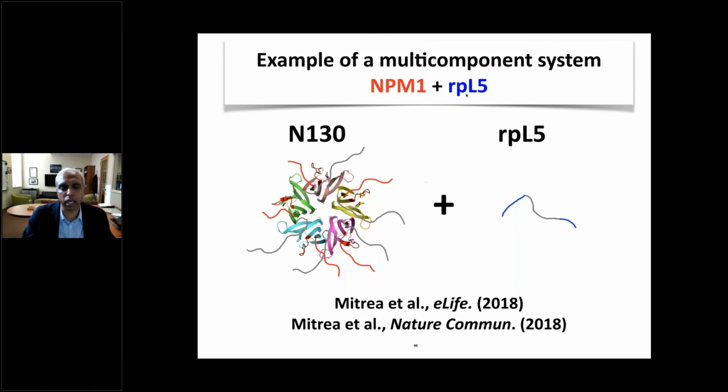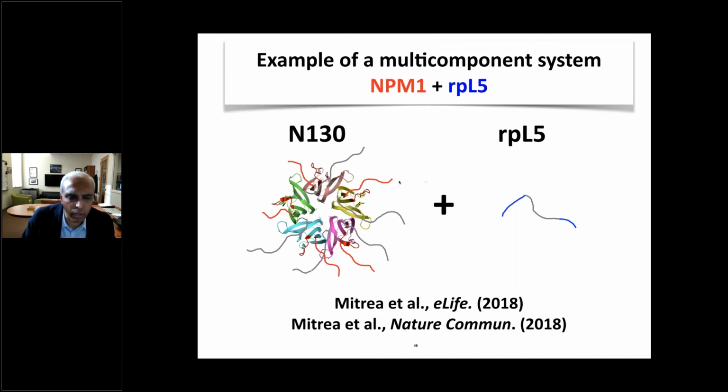In this case, we'll focus on a peptide called RPL5. And the Kriwacki lab in St. Jude, in a series of beautiful papers, has shown that one can reconstitute facsimiles of the outer layer, the so-called granular component of the nucleolus, using a truncated version of nucleophosmin referred to as N130.